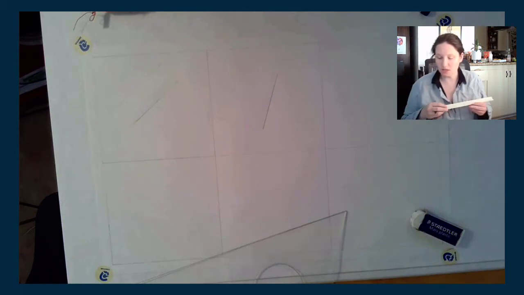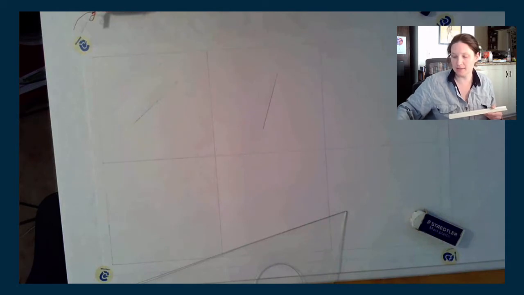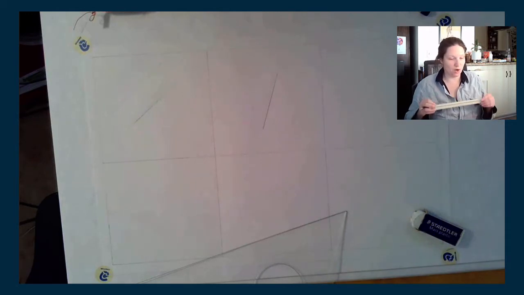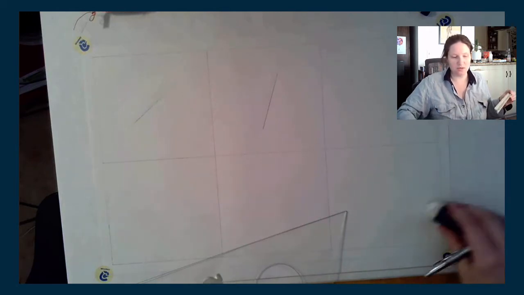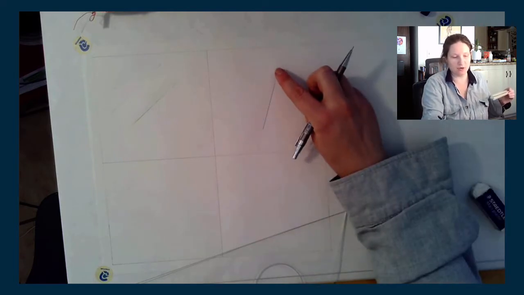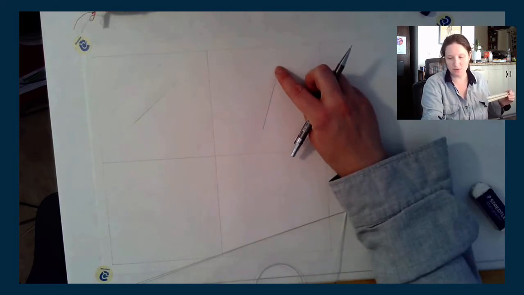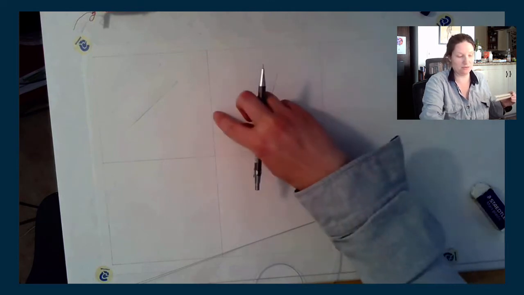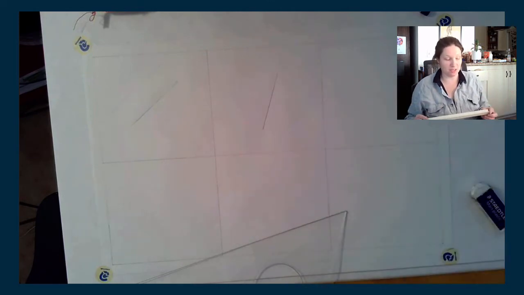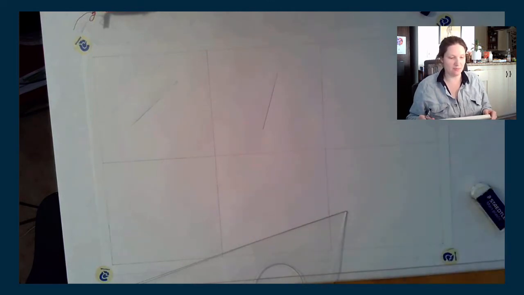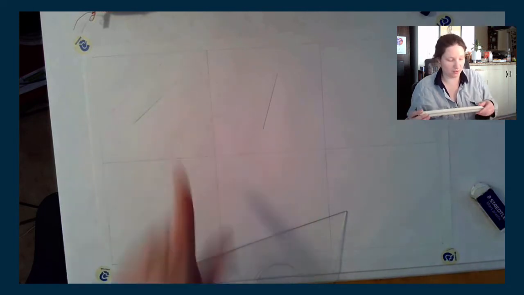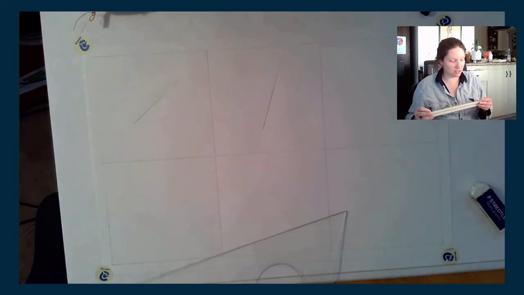Okay? So if you look at the example given, what we're going to do is take our point up here. We're going to pivot along this line until something divisible by 7 lines up with this end point, okay? In this case, I'm going to try 1/4" scale and see how that does for me.